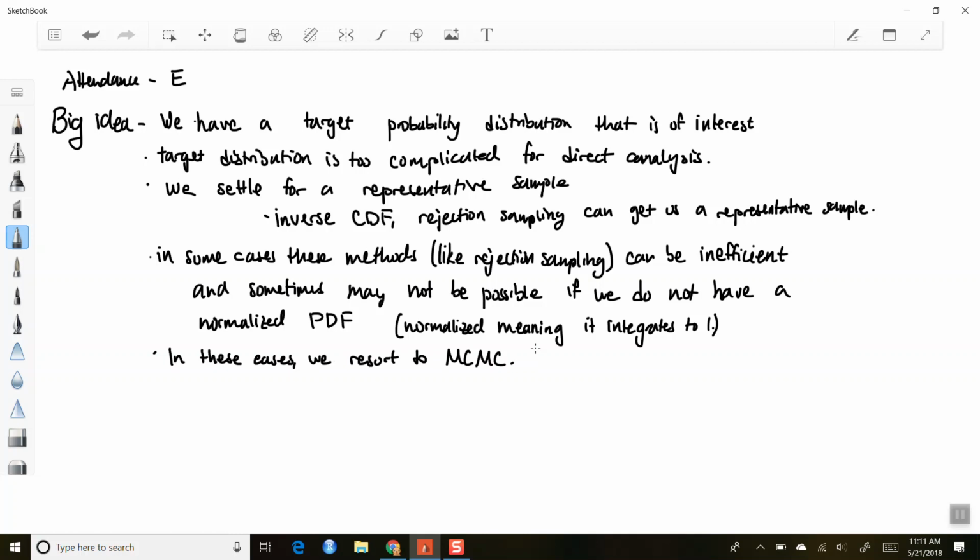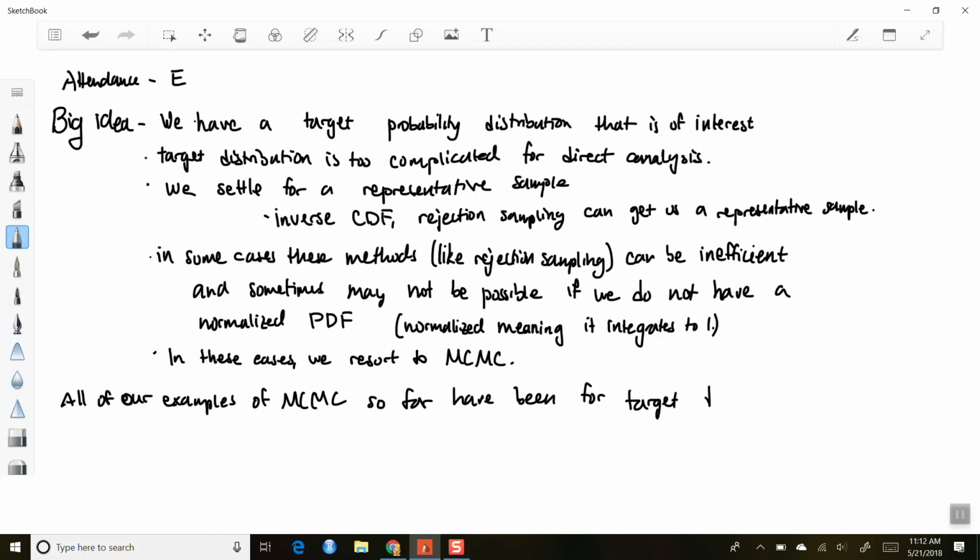And so far, we have looked only at target distributions of one random variable, okay? So all of our examples of MCMC so far have been for target distributions of one variable.